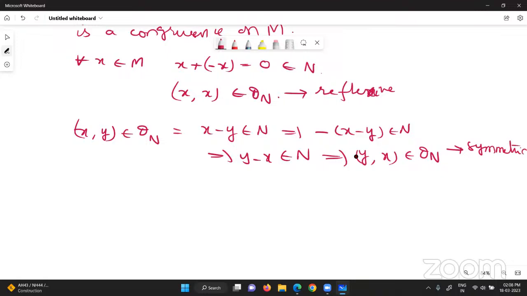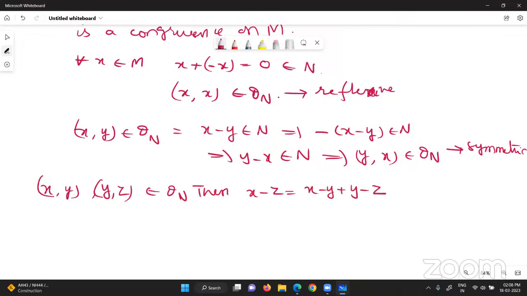Theta n is symmetric. Similarly, you have (x minus y, z) belongs to theta n. Then always you can write x minus z as x minus y plus y minus z.